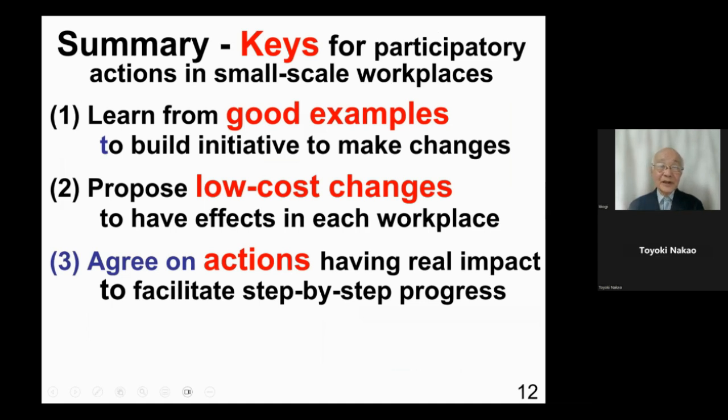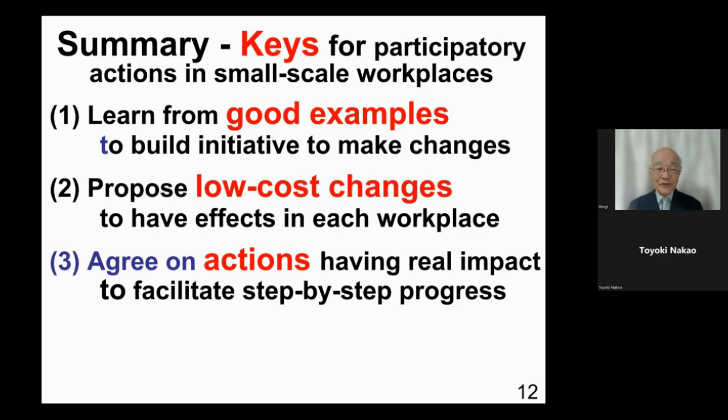So the keys for achieving good results from participatory action-oriented training activities, especially in small-scale workplaces, can be summarized in referring to the three keys. First, we can certainly learn from locally achieved good examples. And this learning process can help us build initiative of working people to make changes.